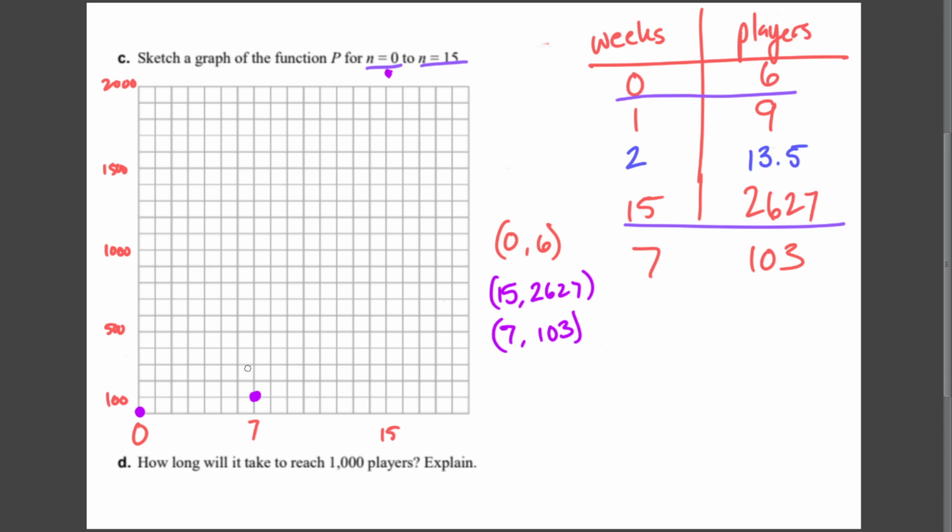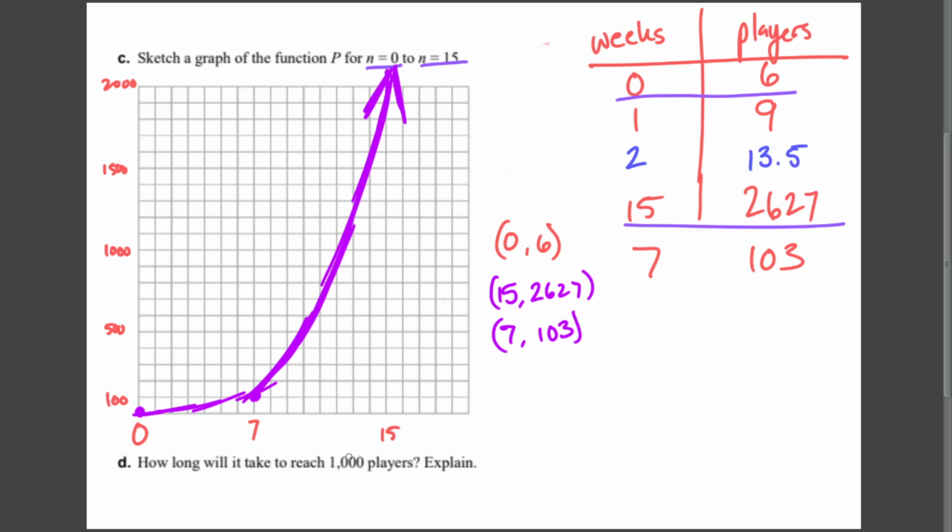So I can get a much better idea of where my curve is going to be now that I have a middle mark. It starts here, starts coming towards this direction, and then it's going to have to curve really hard to be able to get up to that top number. And again, your curve does not need to be perfect. You'll notice mine looks very scratchy, and that is because this is just a sketch from 0 to 15.